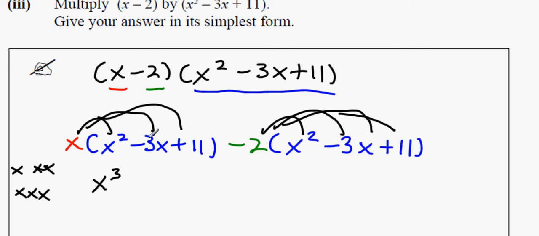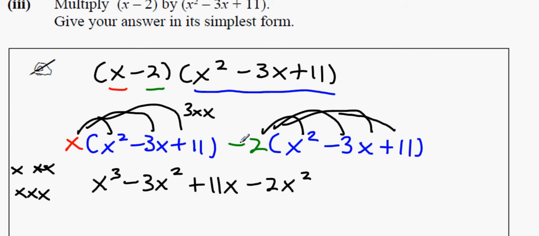Minus 3x squared for the next one, because it's the same as 3xx, which is minus 3x squared. The third one is x by 11, so it's going to be plus 11x. The next one's going to be minus 2x squared. Next one's going to be minus 2 by minus 3x. You're going to multiply them, so minus 2 by minus 3 is plus 6x. Minus 2 multiplied by 11 is minus 22.